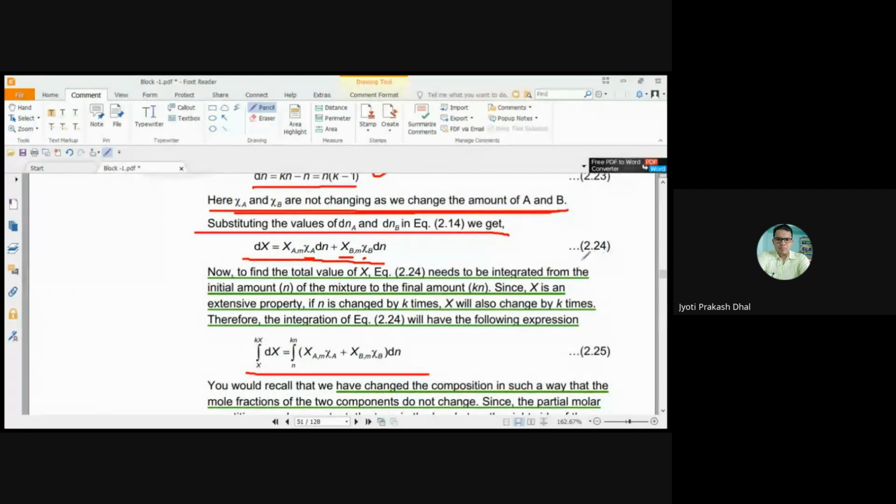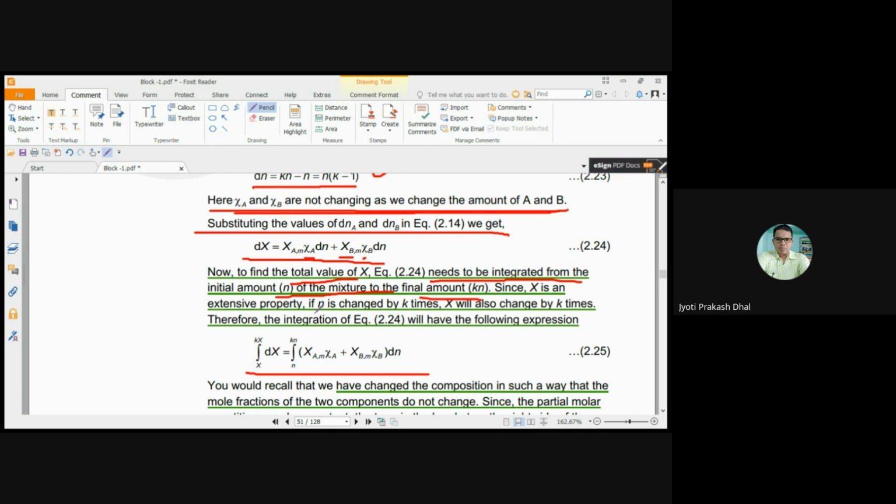That is equation 2.24. Now to find the total value of X, equation 2.24 needs to be integrated from the amount n of the mixture to the final amount Kn. So the total initial number of moles is n and the total final number of moles is Kn.